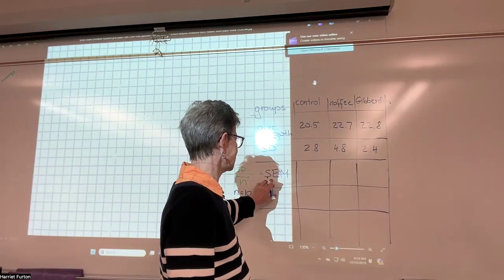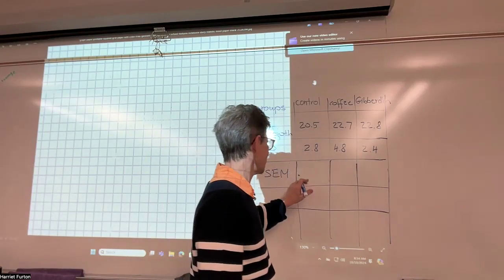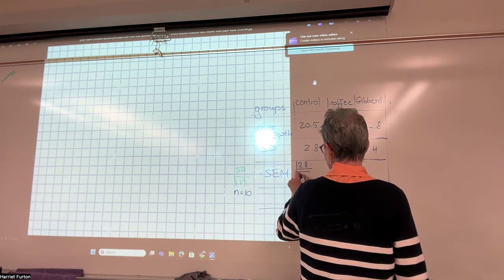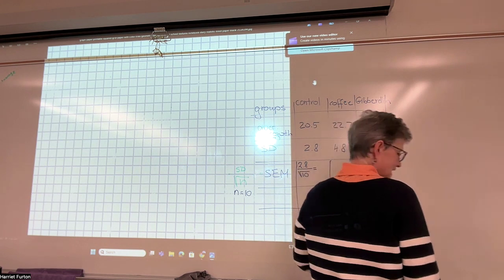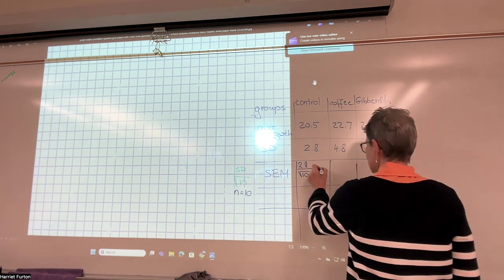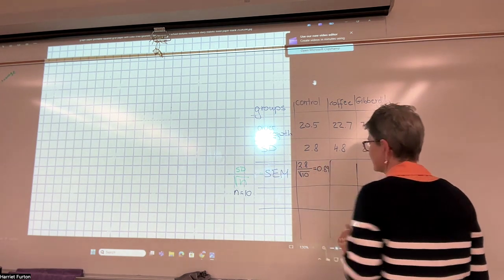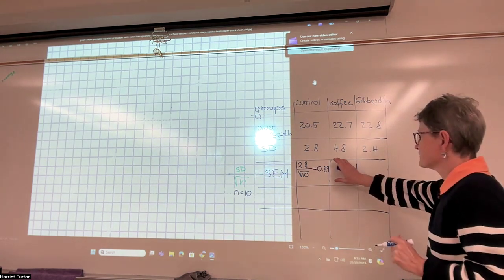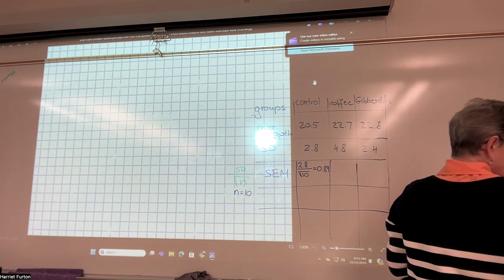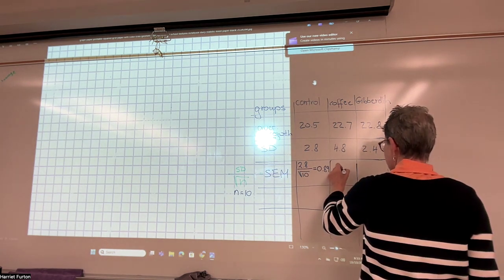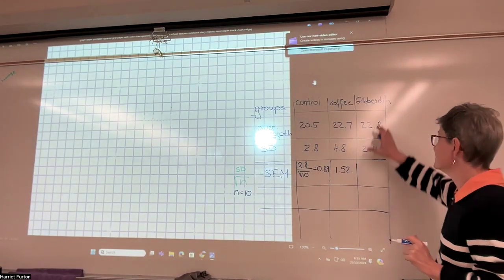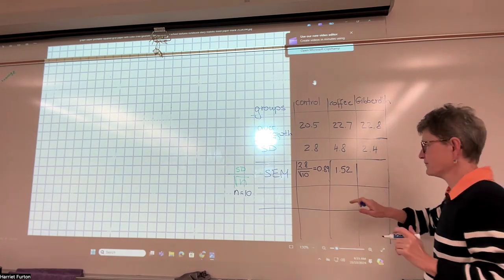So the standard error of the mean is 2.8 divided by the square root of 10, which equals 0.89 with a little bit of rounding. You do the same for the coffee water, and that will be 1.52. You will do the gibberellin one on your own.